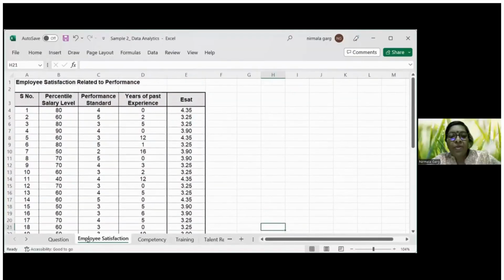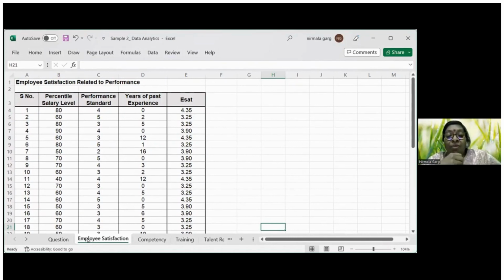Okay. Now, say for example, you are working in business partnering. So typically you would be looking at the employee satisfaction index, because you want people to be happy.